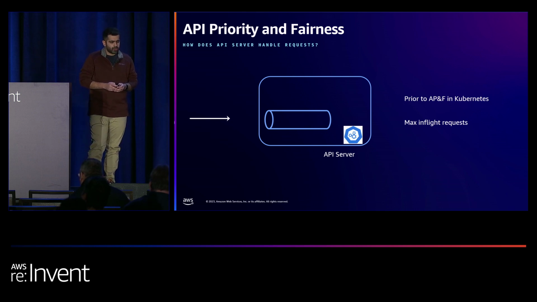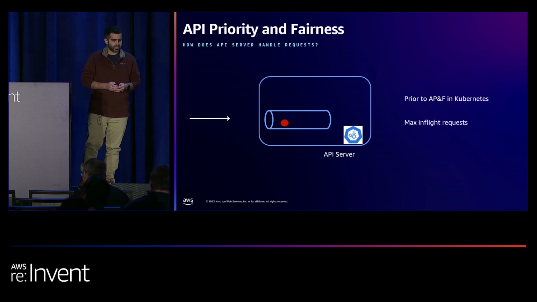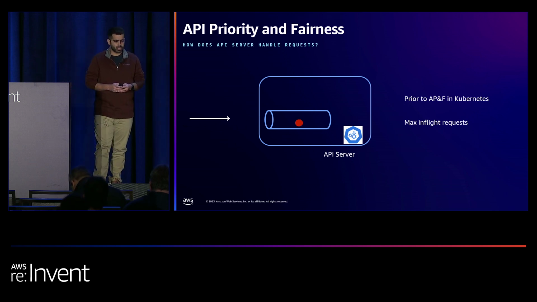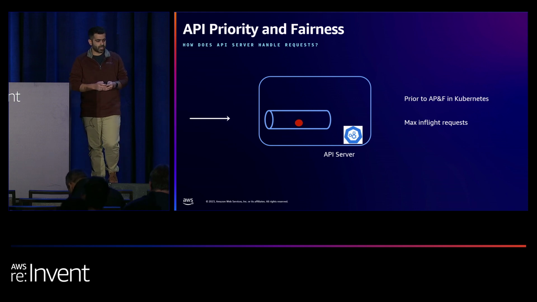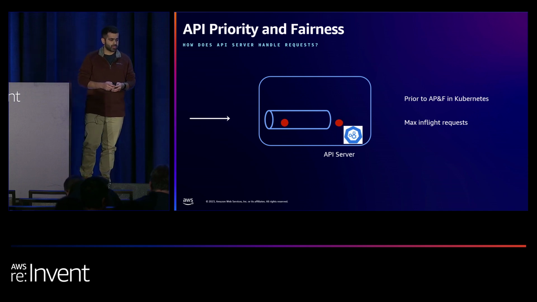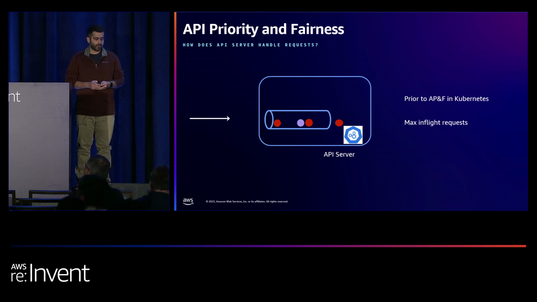What this meant was if there are a large number of heavy calls being made, which are represented here in red, for example, list calls which are listing hundreds of thousands of objects in your cluster, it could potentially impact the static stability of your control plane, since other health check requests could be rejected while the API server is still processing these large time-consuming requests.